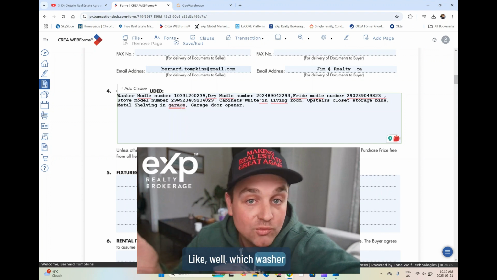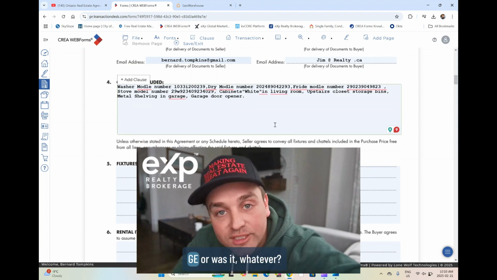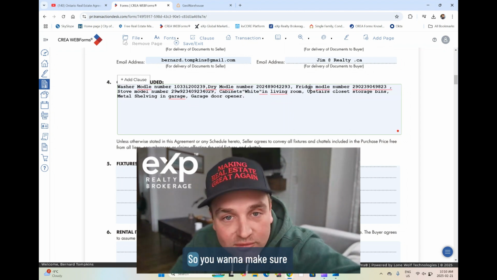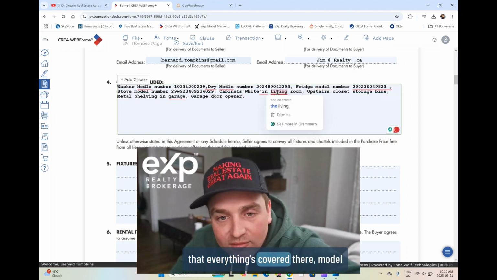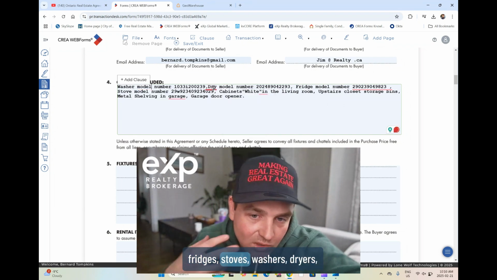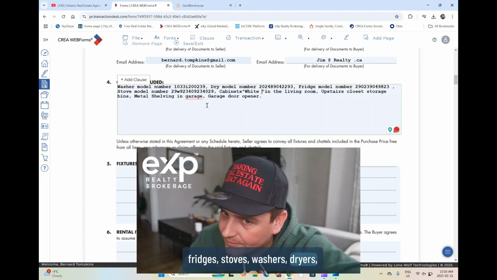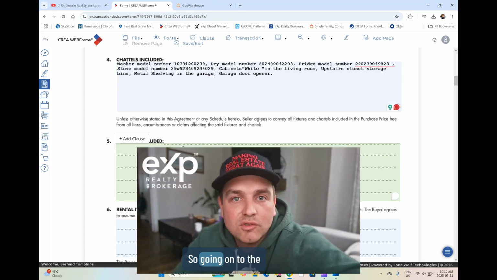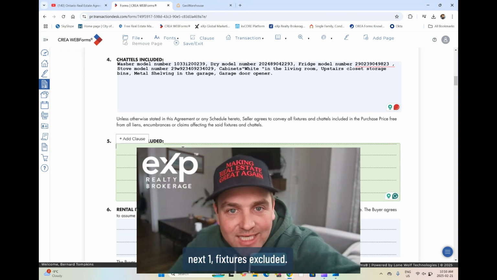Well, which washer and dryer was it? Was it a brand new GE, or was it whatever this thing is sitting there from the Flintstones? So you want to make sure that everything's covered there. Model numbers, serial numbers of fridges, stoves, washers, dryers, things that are movable.